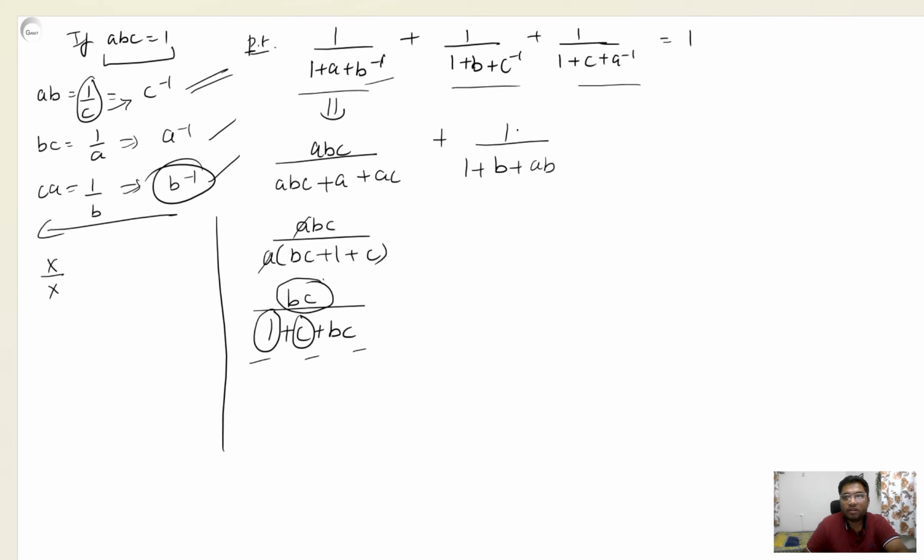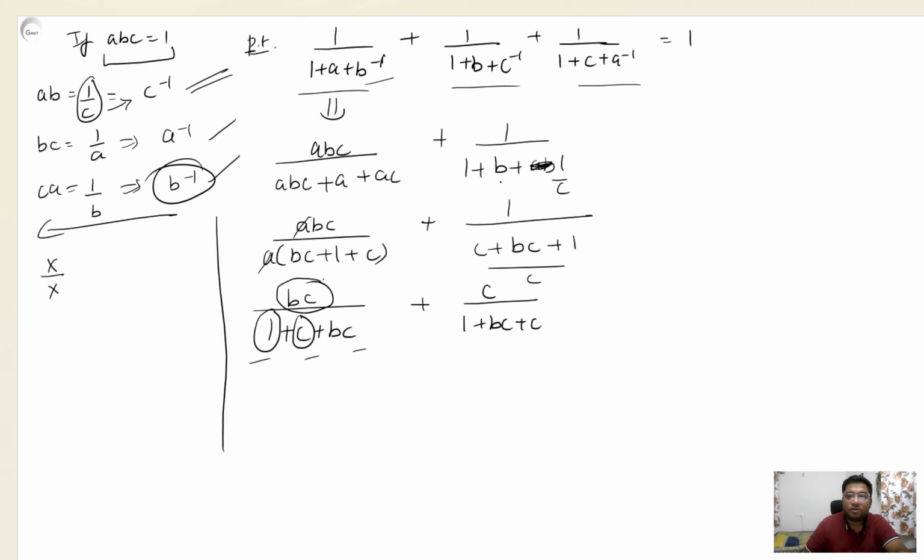But in the numerator, this time AC will remain, and we don't want that. So please do not do this. You cannot write AB. Let it be C inverse, which is 1 by C. Now if you take the LCM in the denominator itself, this becomes C plus BC plus 1 whole upon C, which is eventually C over 1 plus BC plus C.